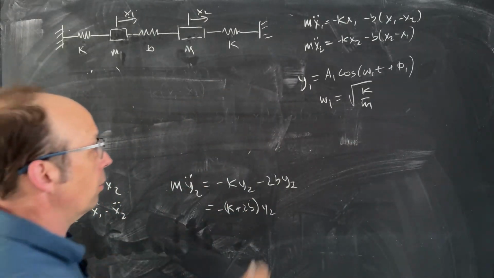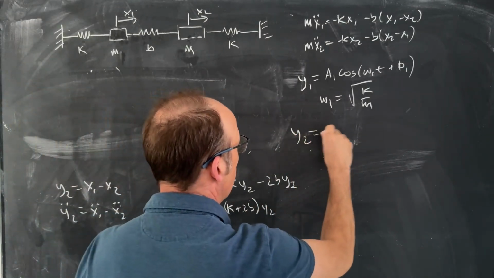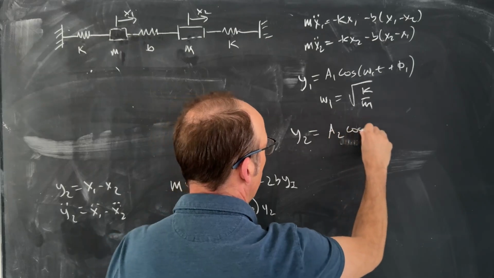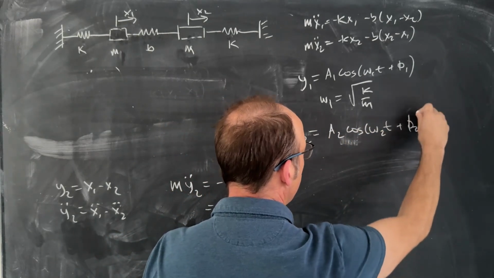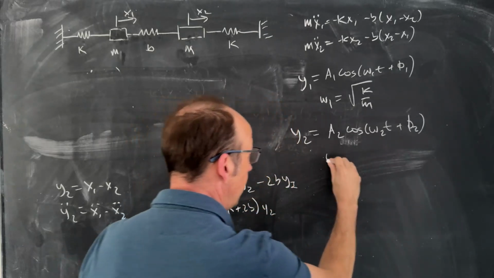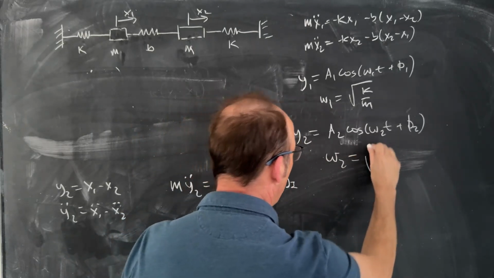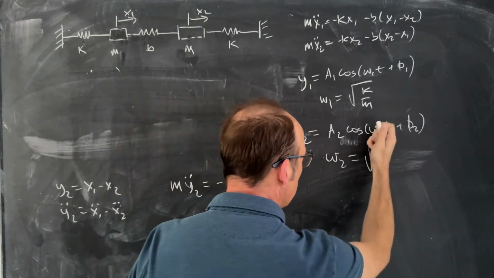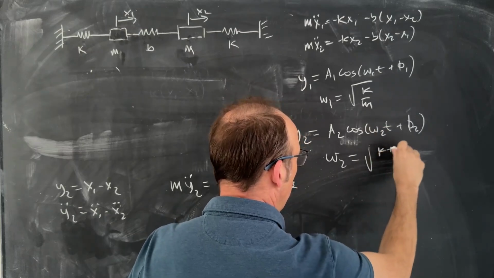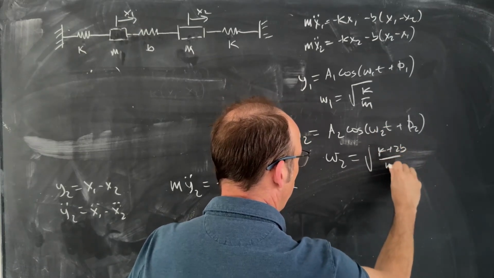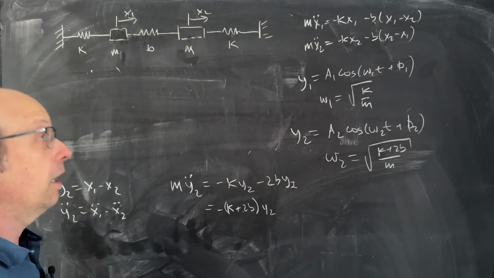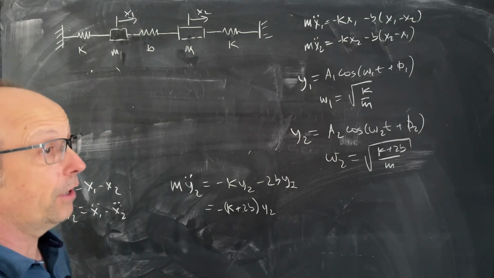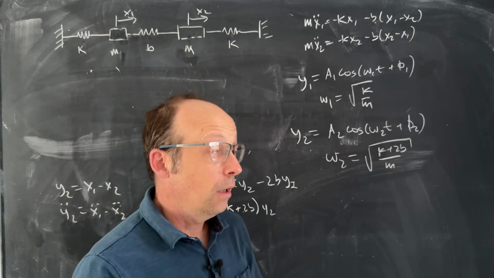And then down here, y2 is going to be A2 cosine of omega 2 t plus phi 2. And this will only be true if omega 2 is equal to the square root of k plus 2b over m. All right, so they have different frequencies of oscillation. But now we have two solutions.